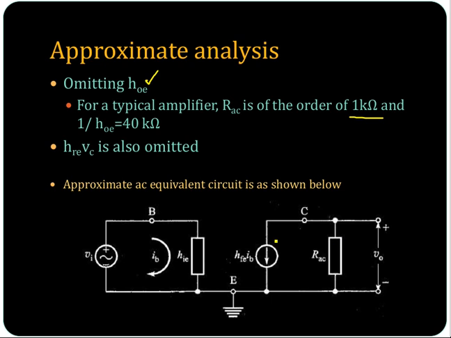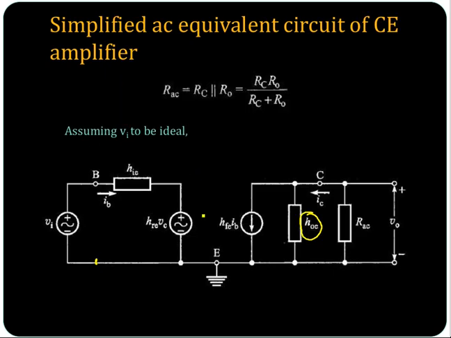Okay, so this HOE is omitted conveniently, and we are replacing on the output side with just RAC. Similarly, on the input side, we can omit the HRE VC term, which we have discussed in the previous lecture. This HRE value is typically in the 1 into 10 raised to minus 4 range, and this means that the feedback voltage HRE VC term is very small and therefore can be omitted from the equivalent circuit.